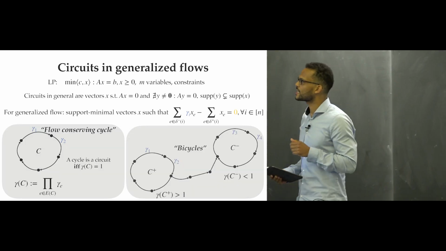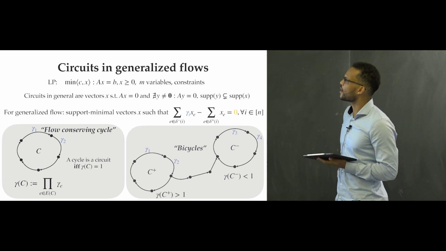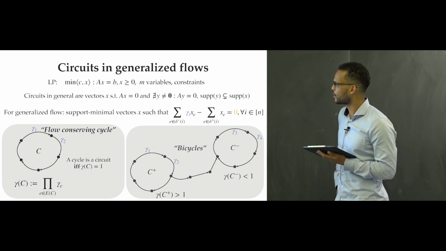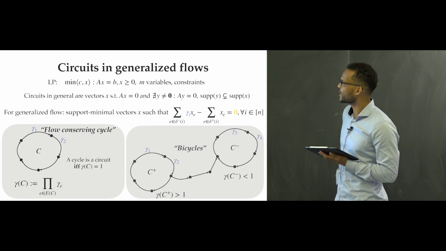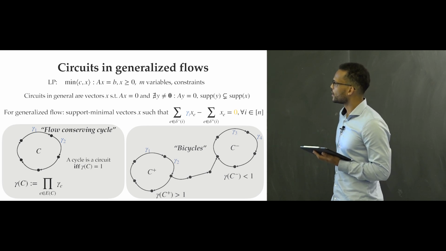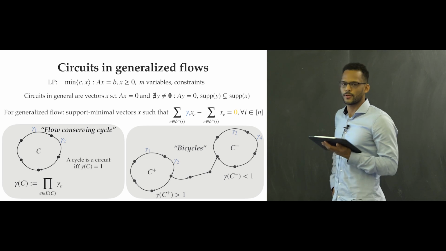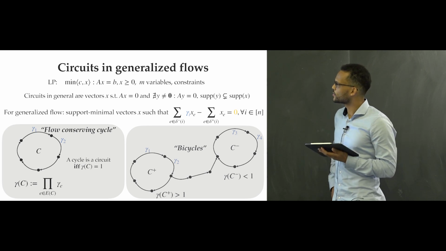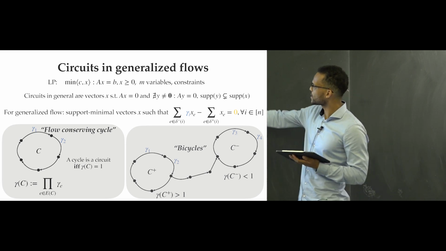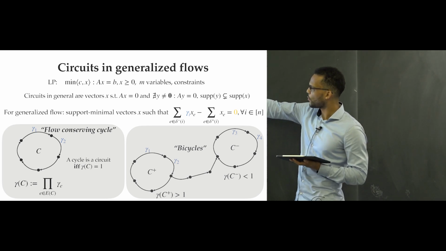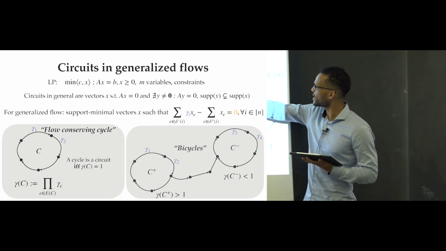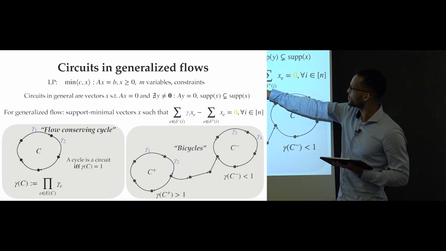But for that, let us understand what actually the circuits are in generalized flow. Let us recall what we're looking at. We look for, again, a circulation. So in and outflow sum up to 0 at every vertex, where now recall inflow is the scaled version by these gamma factors.